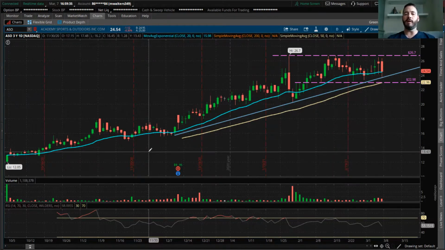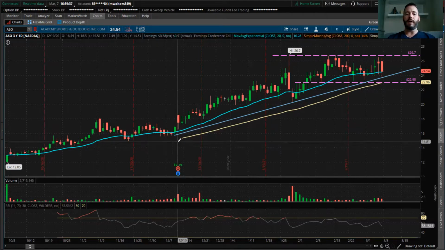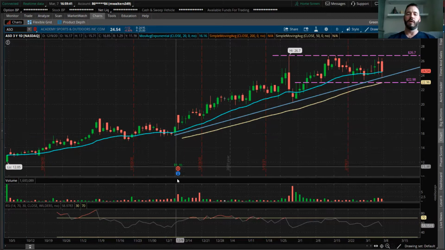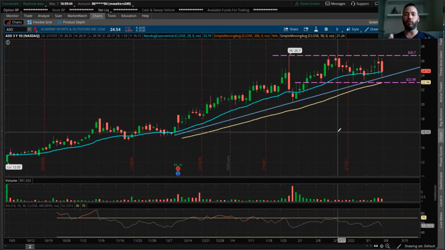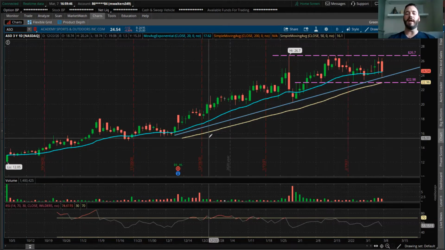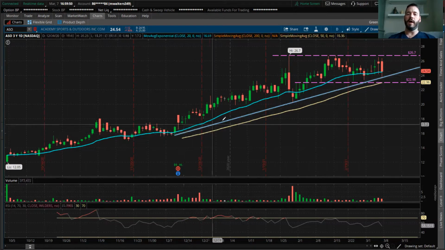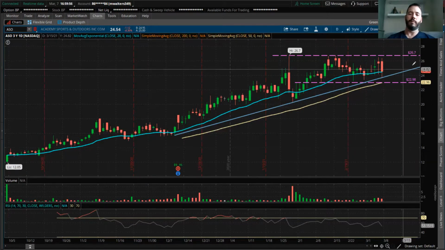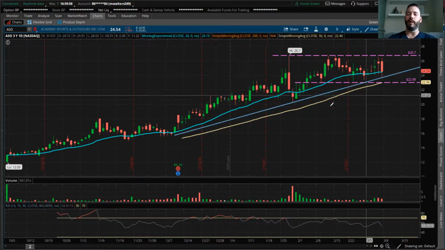So you can see all the way back here in December is where I drew my trend line. Basically the way that you draw trend lines, you try to get it to the bottom of the move and you draw it through to where you currently are, basically where you are at the moment.